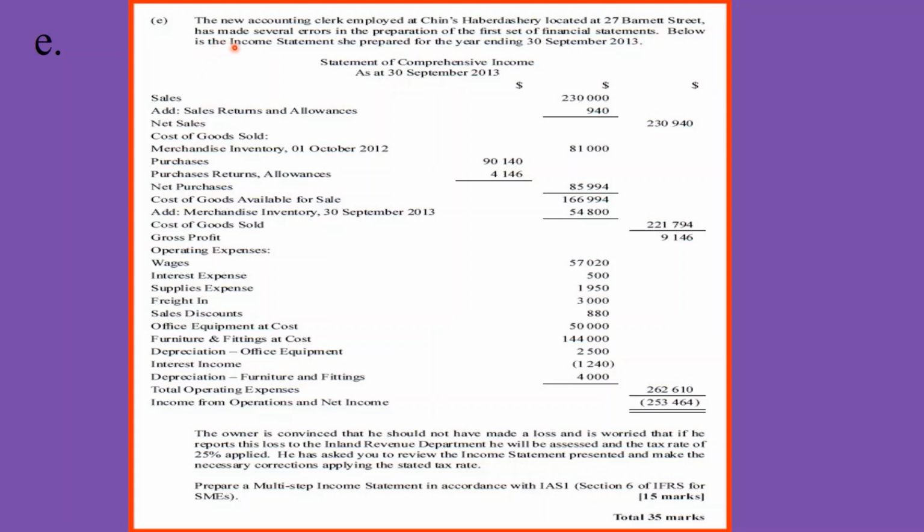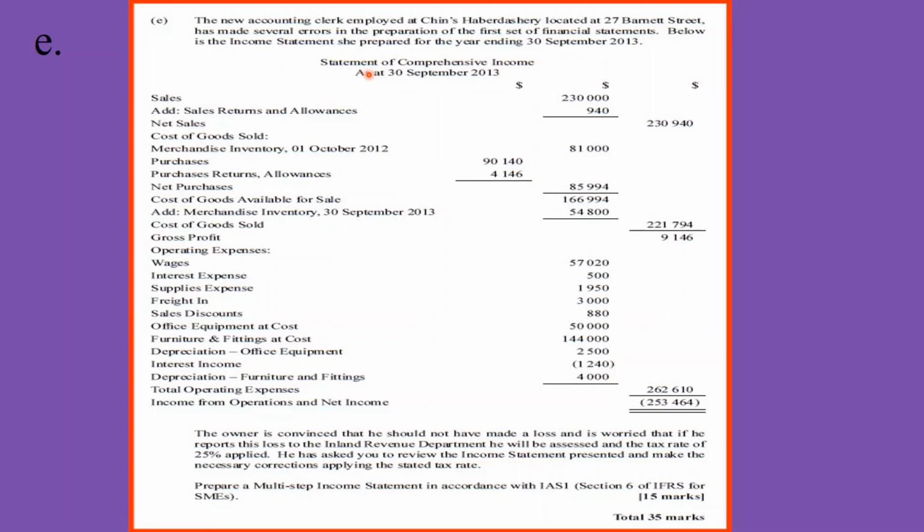The new accounting clerk employed at Chin's Haberdashery, located at 27 Barnett Street, has made several errors in the preparation of the first set of financial statements. Below is the income statement she prepared for the year ending 30th September 2013.